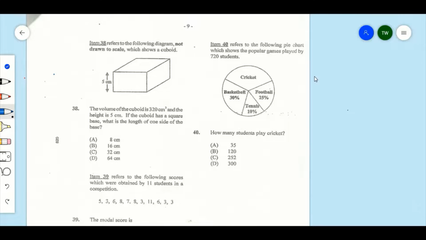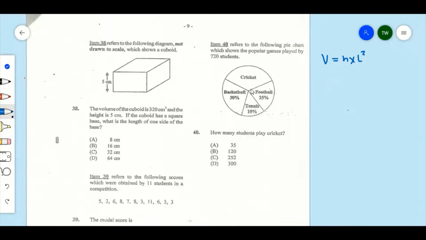Now we know that we can calculate the volume of a cuboid by multiplying the dimensions. So V, which is the volume, is going to equal the height times L squared, right?